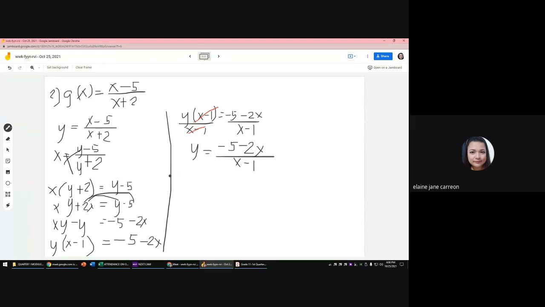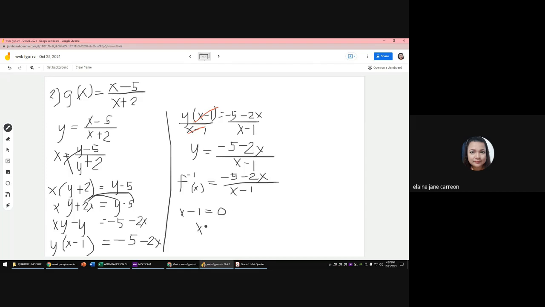Okay, so we may equate the denominator to 0 in order for us to find the range of this inverse of a function. So, I'll write negative 5 minus 2x over x minus 1. Okay, so let's equate x minus 1 equals 0.